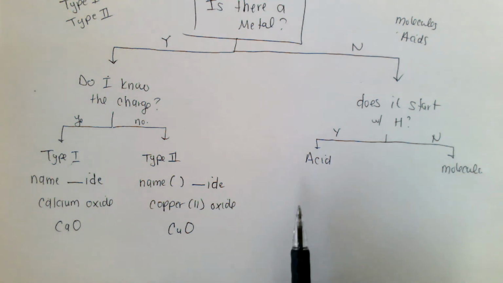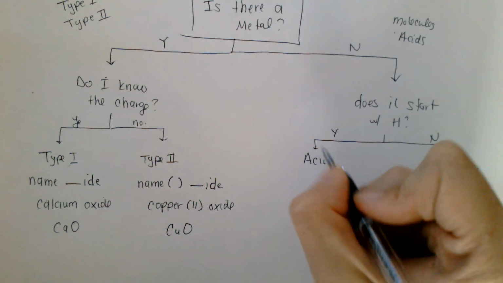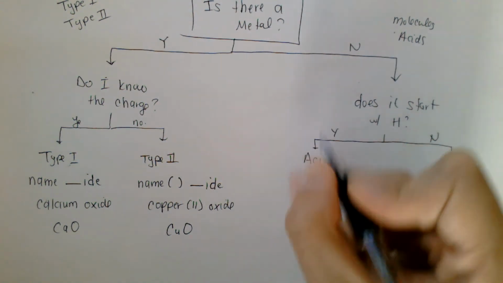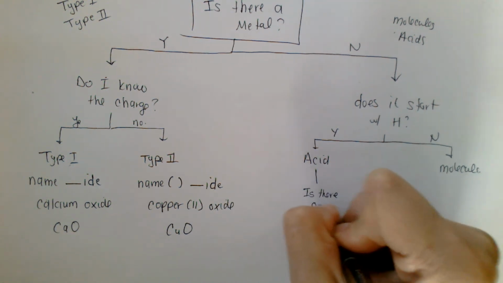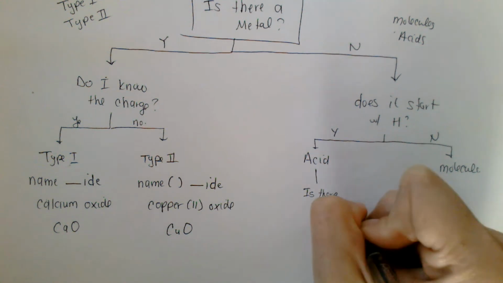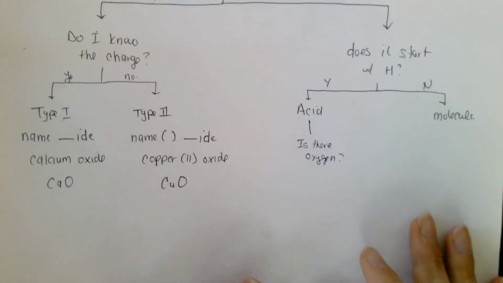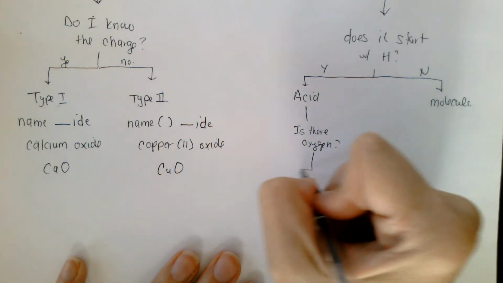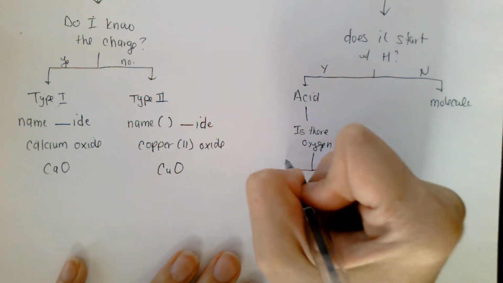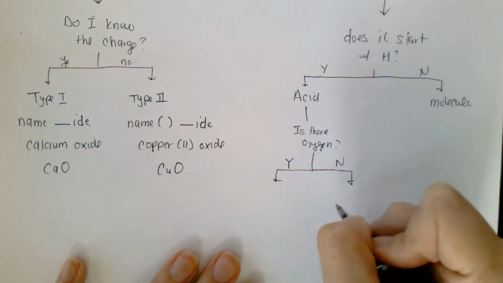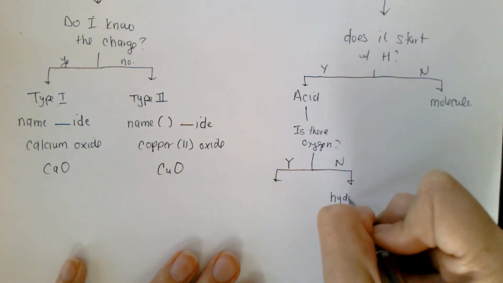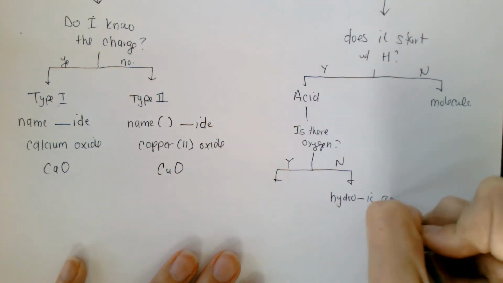For your acid, the next thing you're going to have to ask yourself is, is there oxygen? If the answer is no, you're going to be dealing with hydro-blank-ic acid.